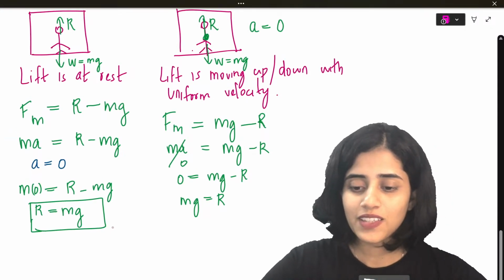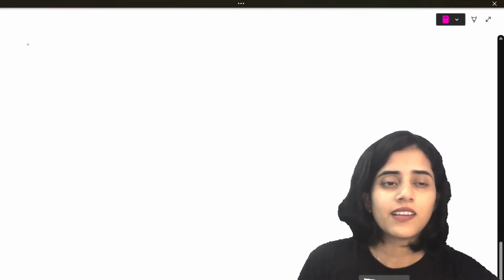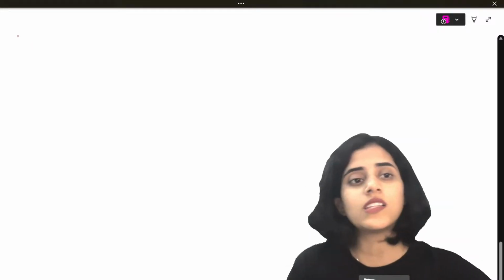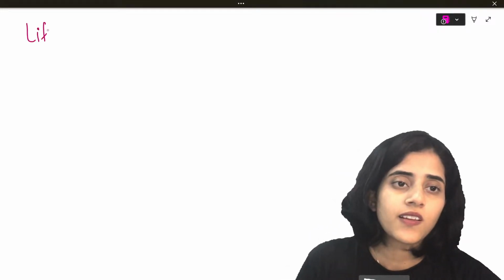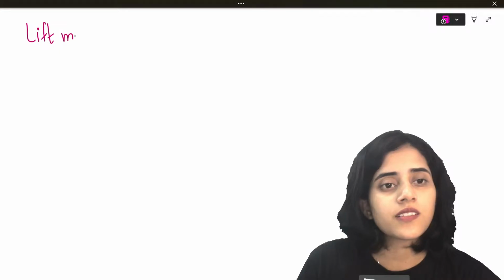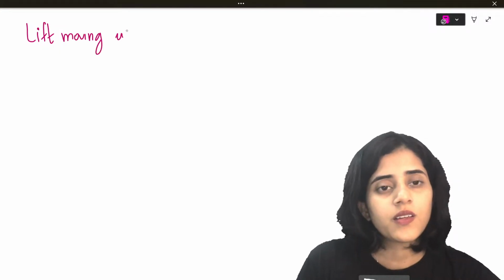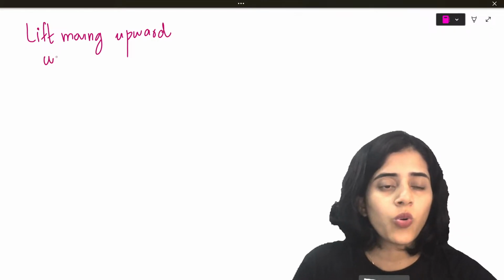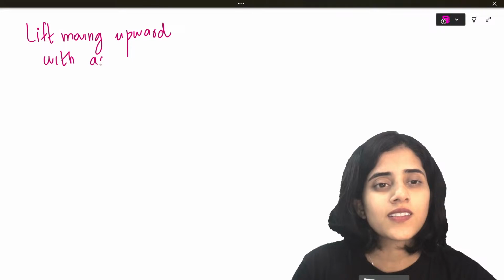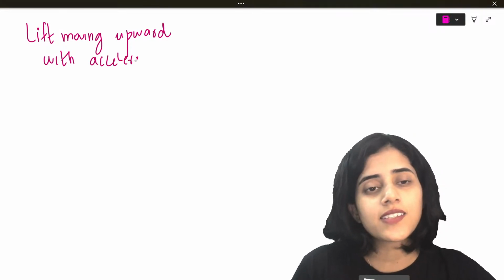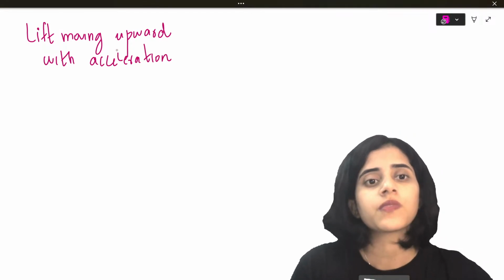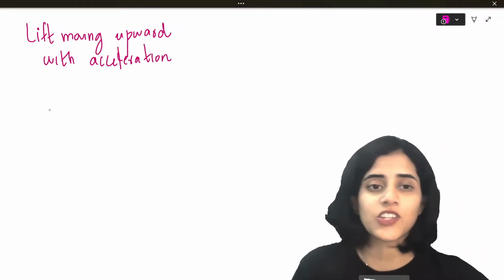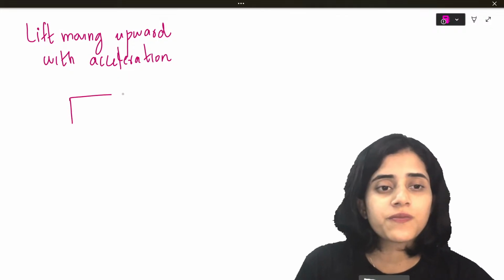Next case is when you have a lift moving upwards with an acceleration. So let's draw the lift.